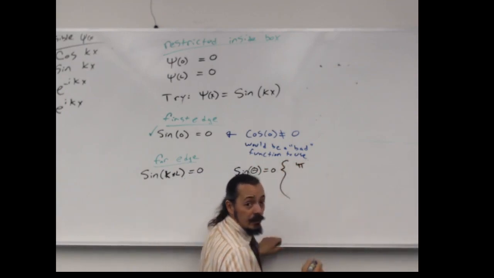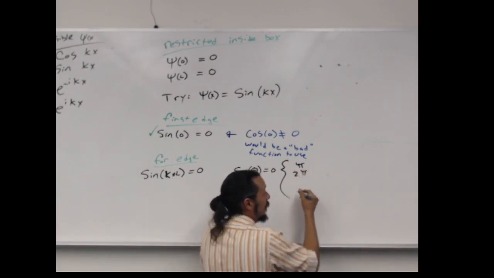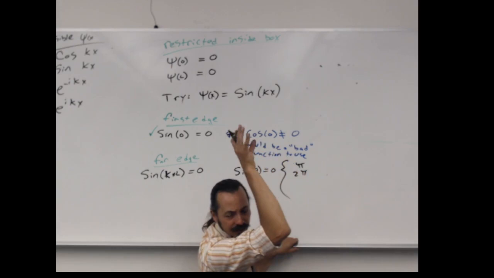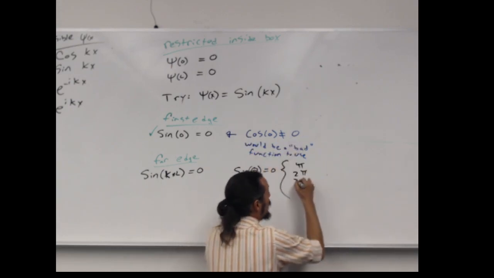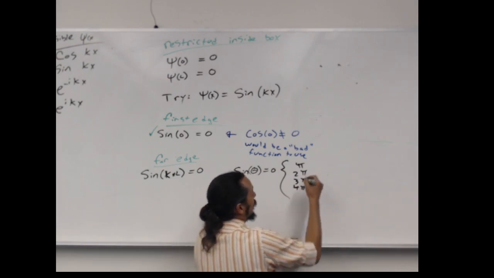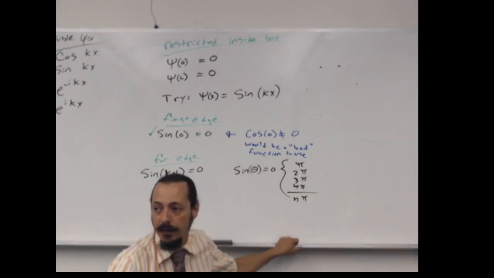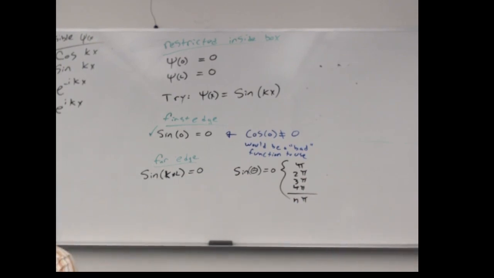I heard pi. What else? 2 pi? Negative pi works too, but 3 pi, 4 pi, right? This works generally whenever we have some n value of pi. Any n value of pi is going to work.